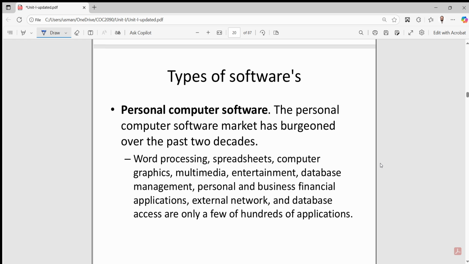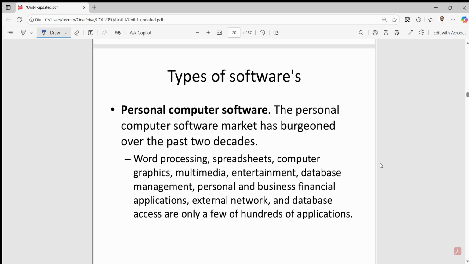These are examples that don't have a specific set of users. Word processing can be done by a doctor, by a lawyer, by an engineer, by financial market people. So this software should have functionality which is multifaceted.